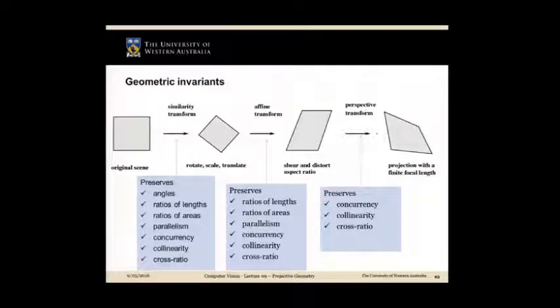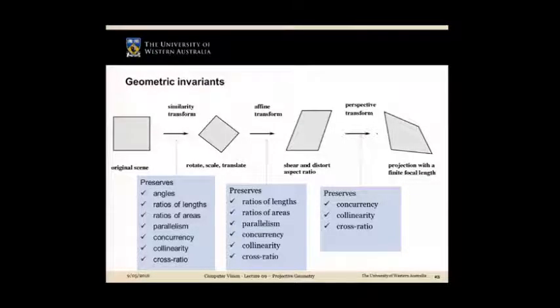So what is concurrency? In terms of lines and points, if 2 lines converge at a point in your real world, these 2 lines will also converge at the same point in your image plane. That's concurrency.